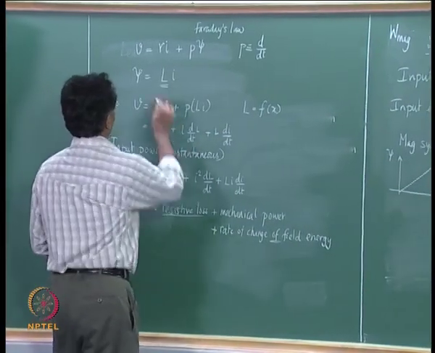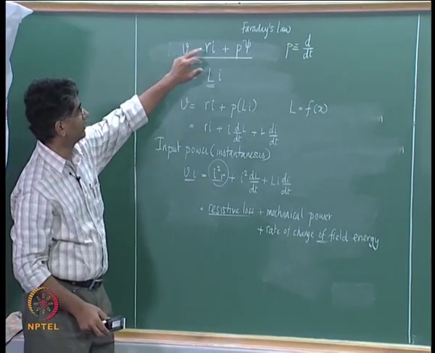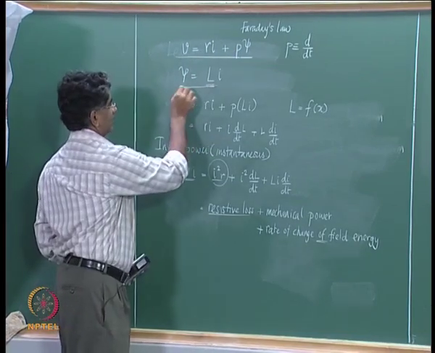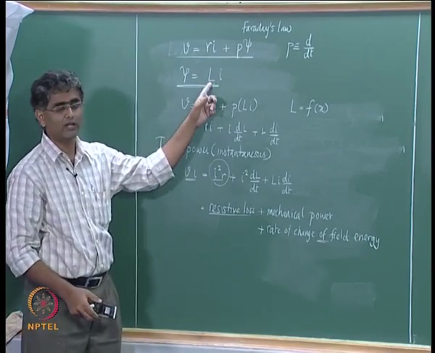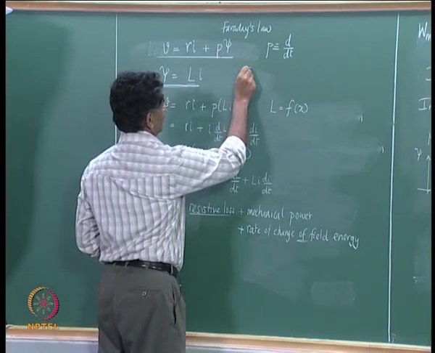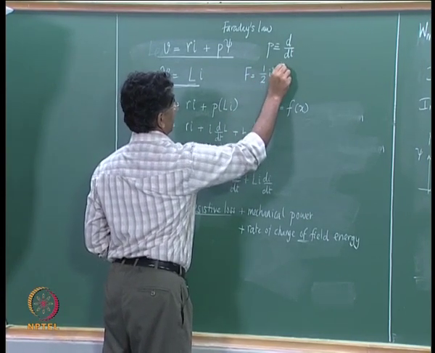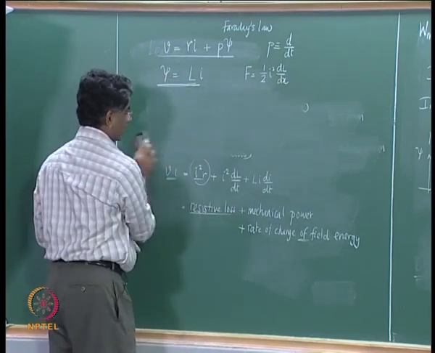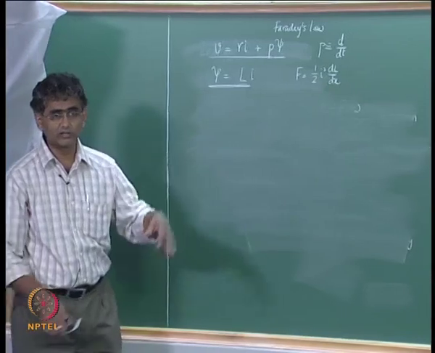That is done by taking this as one equation: applied voltage is equal to resistive drop plus P into psi, and then the second equation that you need describes psi in terms of I and L. The next equation is the equation for force, which is force is half I squared dL by dx, and you need to connect this up with the mechanical system.